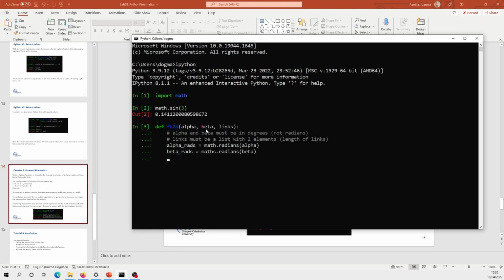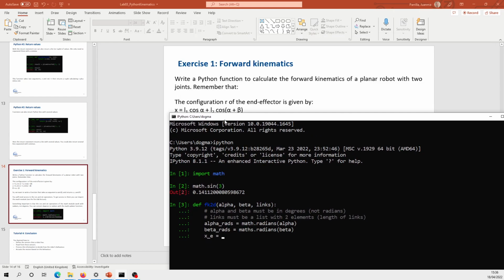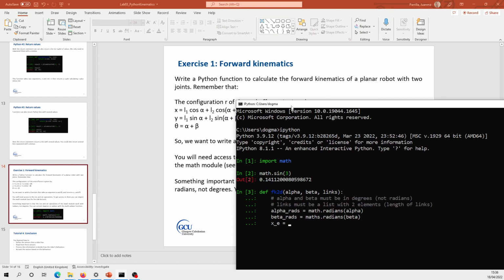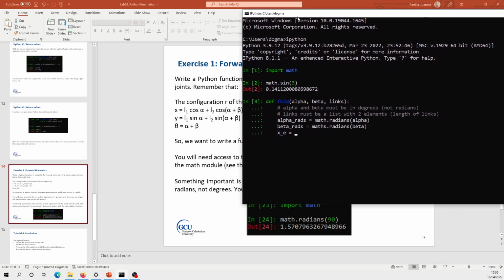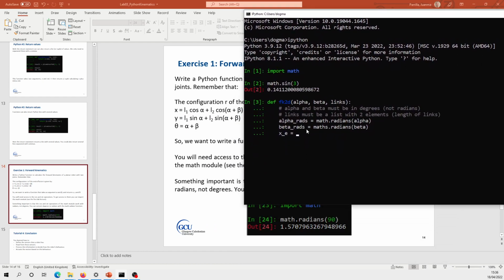The next thing that we are going to do is calculate the position x of the end effector. Basically what you need to do is follow this formula here, so I'm going to put this beside.